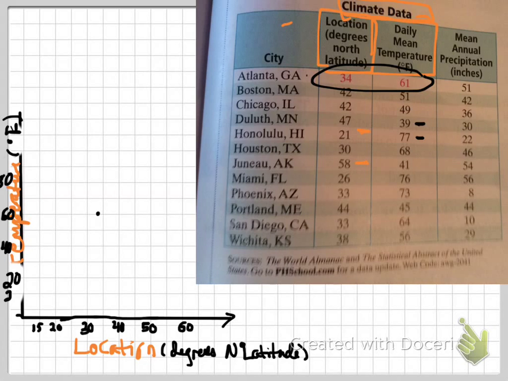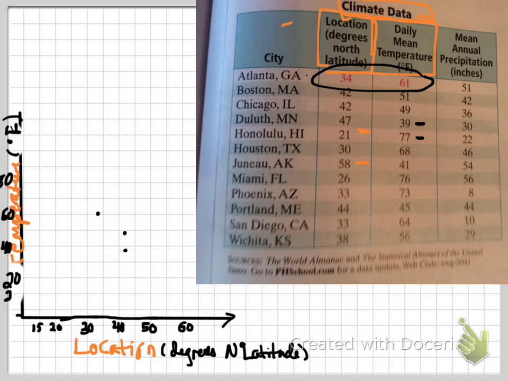I have 42, 51, 42 degrees north latitude, and 51 degrees for Boston. 42, 49, wait, I think I'm a little off there. For Boston, it should be 42, 39. Then Illinois, Chicago, Illinois, 42, 49.